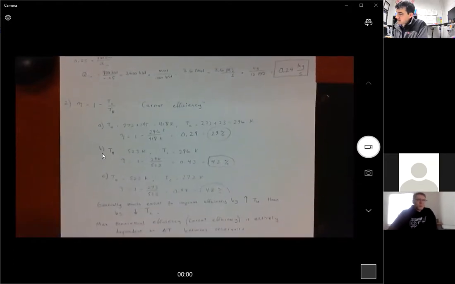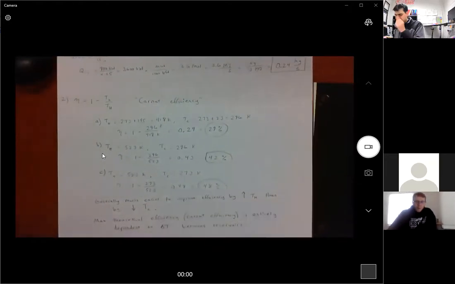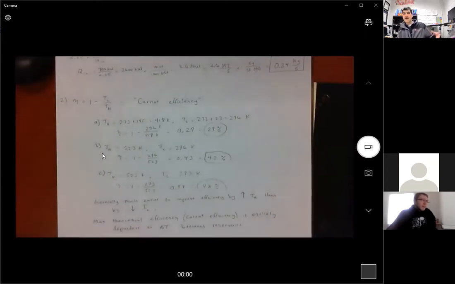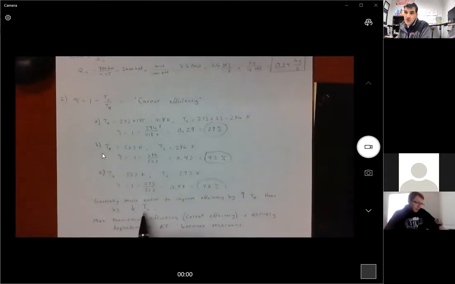All right, there's a few notes here. I think I've said this before, but generally speaking, from a practical perspective, think about operating a power plant. It's usually a lot easier to increase T hot. To make the boiler hotter is usually logistically easier than decreasing T cold.